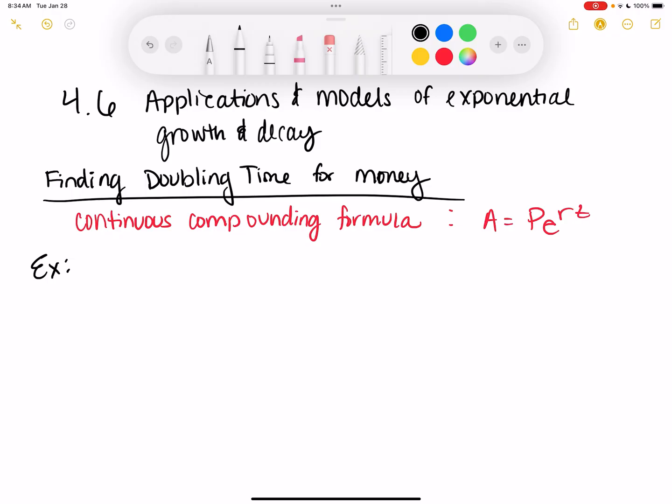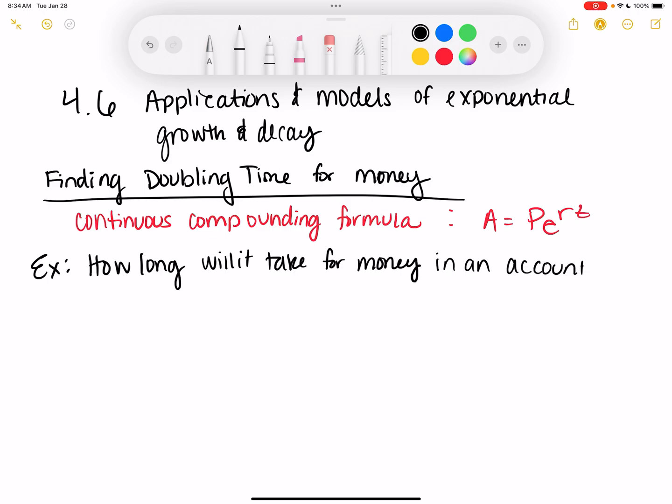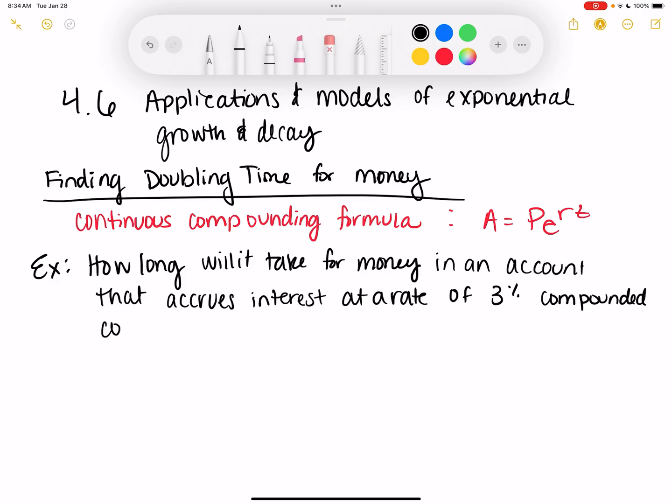So how long will it take for money in an account that accrues interest, which is just earns interest, at a rate of 3% compounded continuously to double?